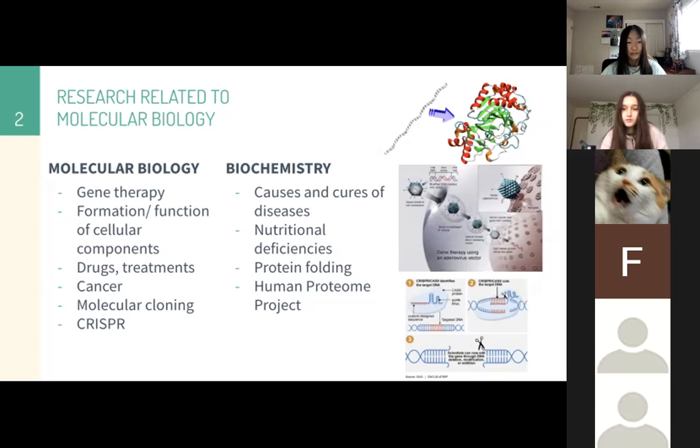Biochemistry is really closely related to molecular biology because it's basically the first fundamental part of molecular biology. Some research fields in biochemistry include causes and cures of diseases, nutritional deficiencies, protein folding, and the Human Proteome Project. We won't go over all of these in our slides, but you can always research these on your own.